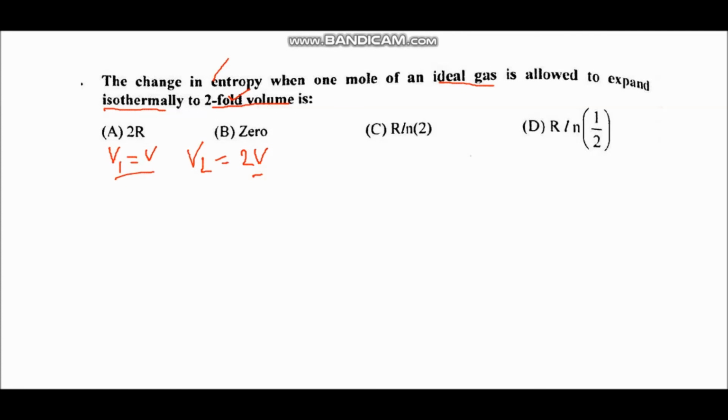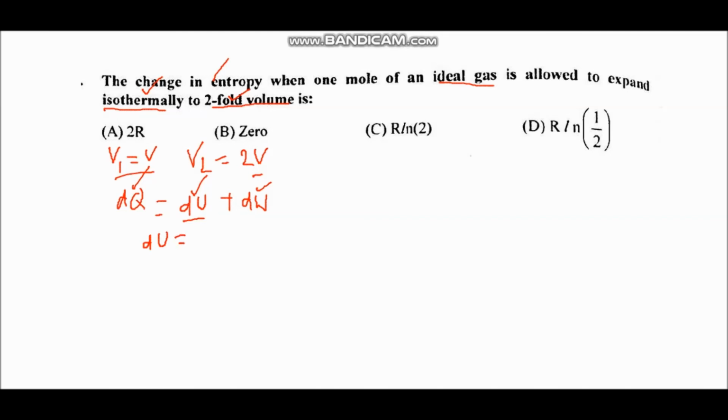Now we know from the first law of thermodynamics, dq is equal to du plus dw, where dq is change in heat, du is change in internal energy, and dw is work done. As the process is isothermal, the temperature is constant, so there is no change in internal energy.